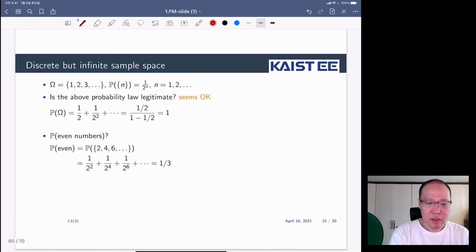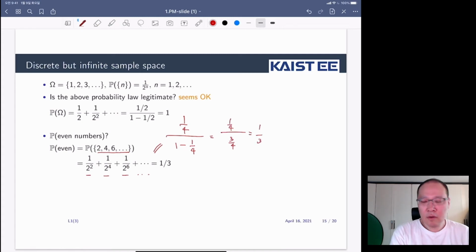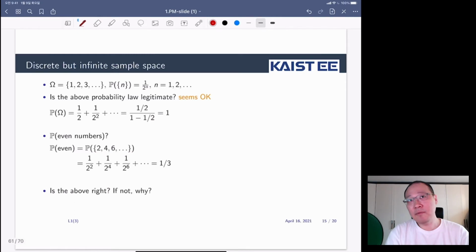And that is the probability of 2, 4, 6, and so on. And that is equal to 1 over 2 to the 2, plus 1 over 2 to the 4, plus 1 over 2 to the 6, and so on. And if you calculate this, the summation of the infinite series, it should be 1 over 3. Okay, is the above right?